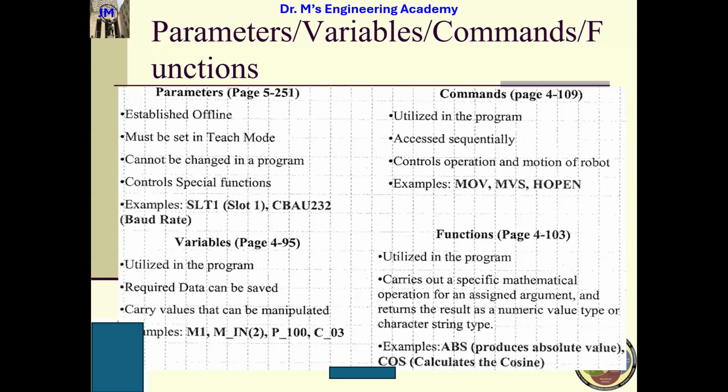For example, in our case here we have ABS, the absolute value, cosine, COS, so we have a lot of good functions that we can use. By the way, in industrial robots I'm going to introduce artificial intelligence, to be more specific, artificial neural networks.